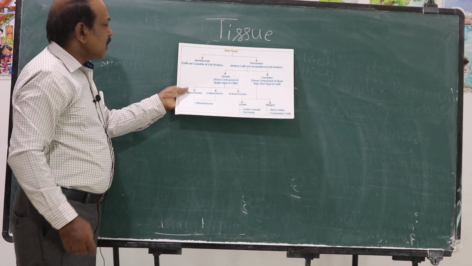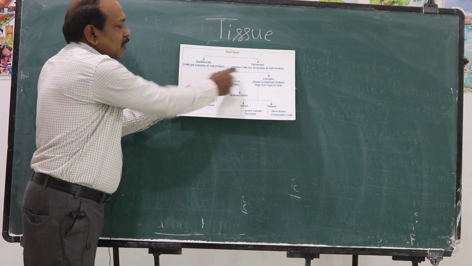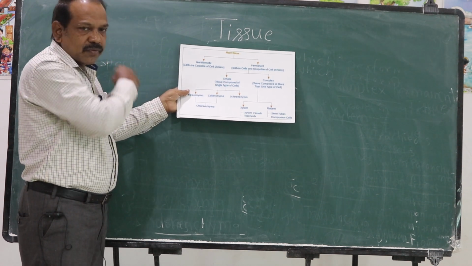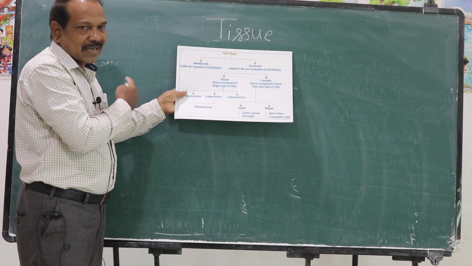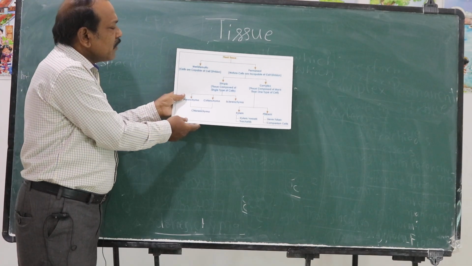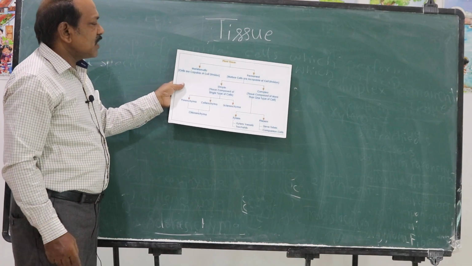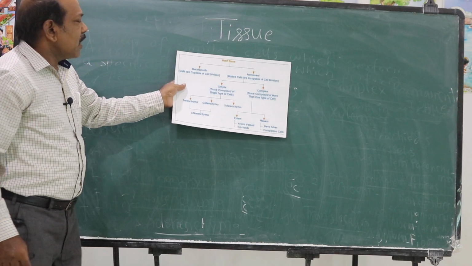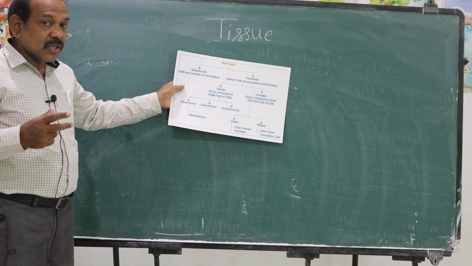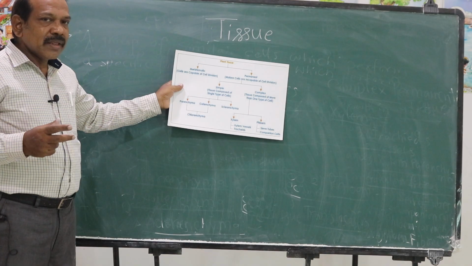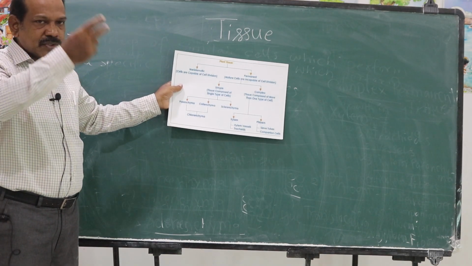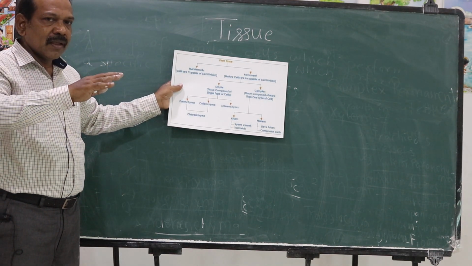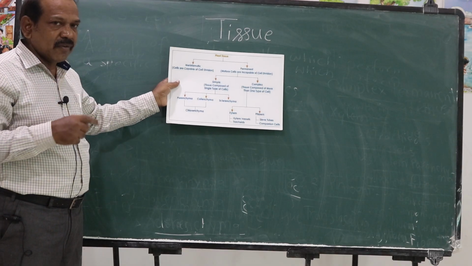Plant tissues are basically classified into 2 types, meristematic tissue and permanent tissue. Meristematic tissue we have studied in the previous chapter. Its classification I have explained. Now today we studied about permanent tissue. See the classification of permanent tissue. Permanent tissue cells are incapable of division, they are mature cells. When the meristematic tissue gets matured, stops dividing, then it becomes permanent tissue. I told you in the previous class.